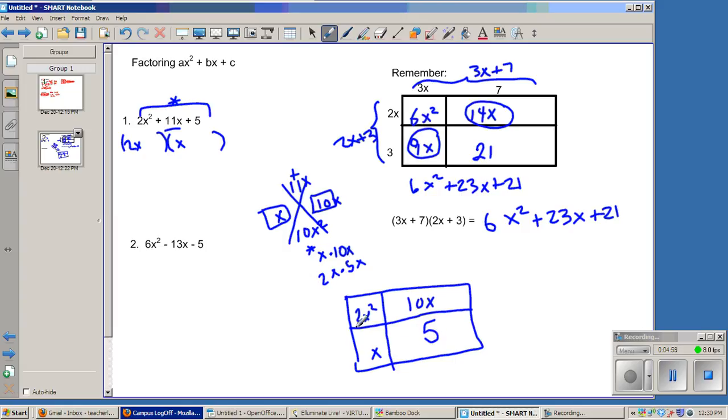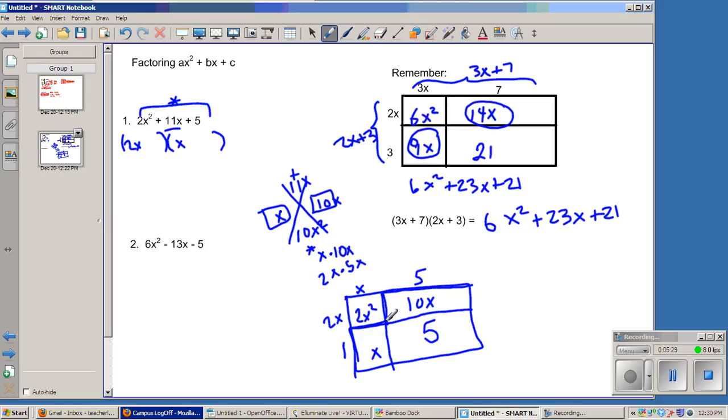Now my job is going to be to try to figure out what my factors are. So 2x times x will give me 2x squared that I need. If I know this side is x, this side has to be 1 because 1 times x is the only thing that'll give me 1x. And if I know this is 2x, then this would have to be 5 because 5 times 2x would give me the 10x I need.